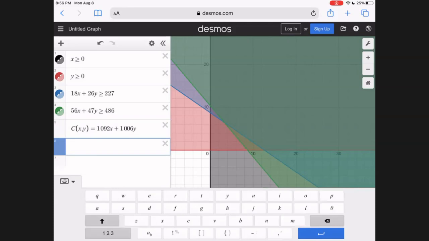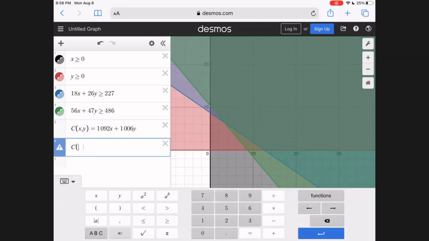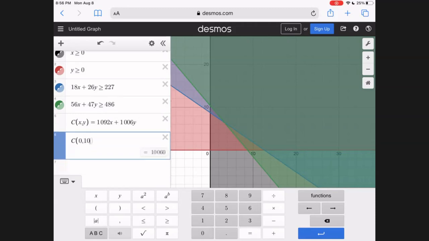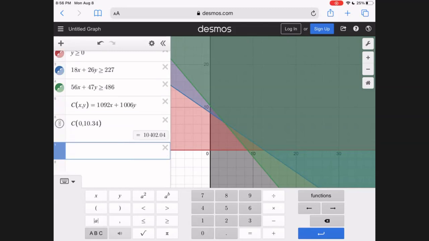Now let's do that for the first point, where x was 0 and y was 10.34. We get that it's 10,402.